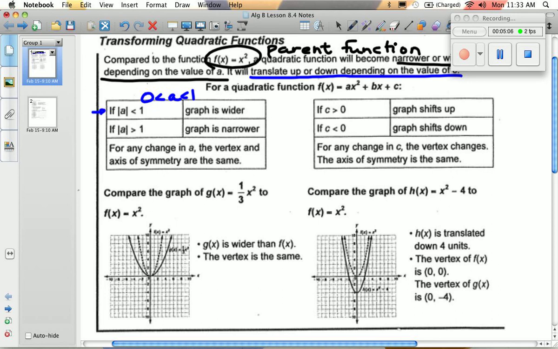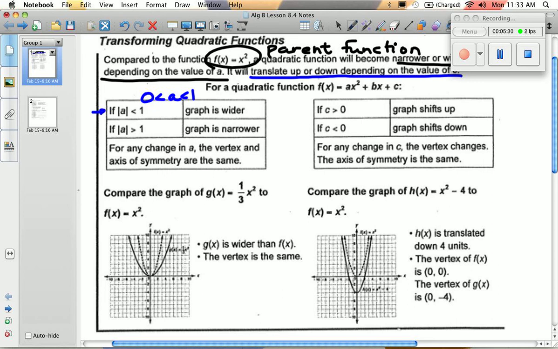The a value of the parent function is 1, so it can't be 1 or it would be the same. It wouldn't get wider, it wouldn't get skinnier. But if it's some fraction or some decimal number that's between 0 and 1, we know our parabola is going to get wider.